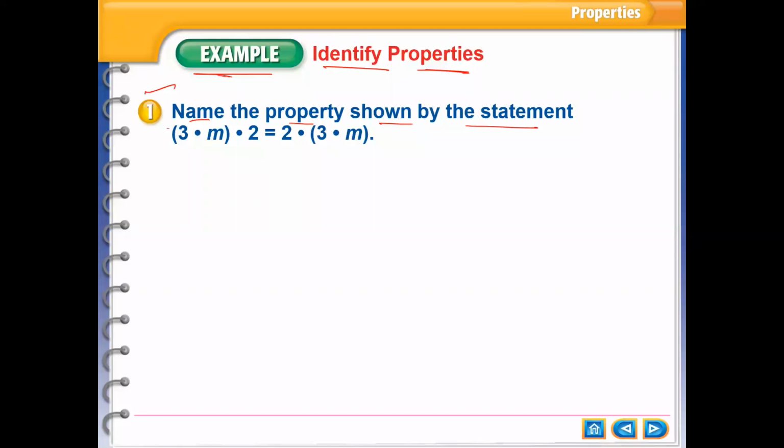Okay, associative property for what? Tell me the full name. Yes, it is associative property, but for what? Tell me the full name.